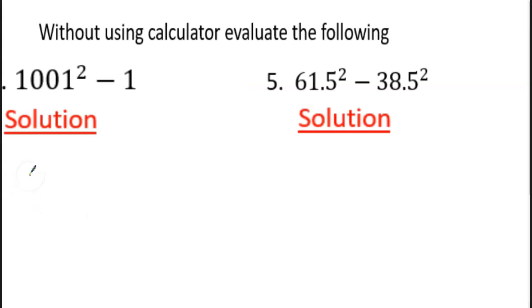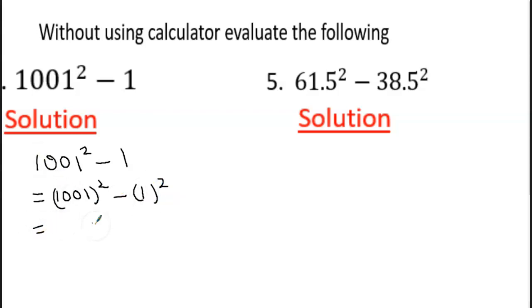So let's look at another set of questions. Without using calculator, evaluate the following. Now you need to be very careful. Without using calculator, which means that we need to bring out certain concept first before you use calculator. So 1001 squared minus 1. 1 is a perfect square, so we can still write this as (1001) all squared minus (1) all squared.